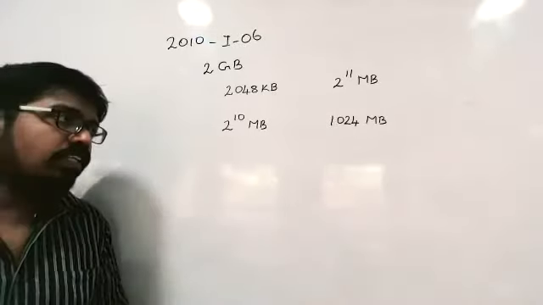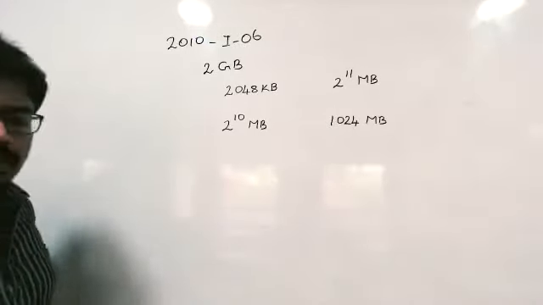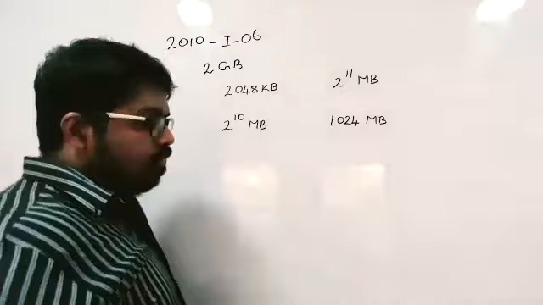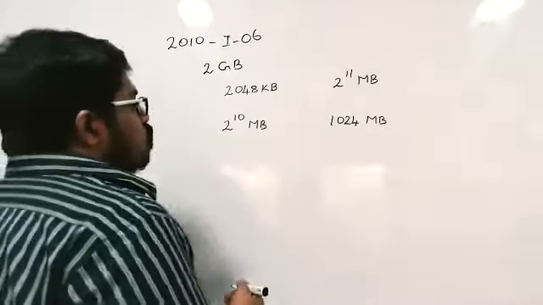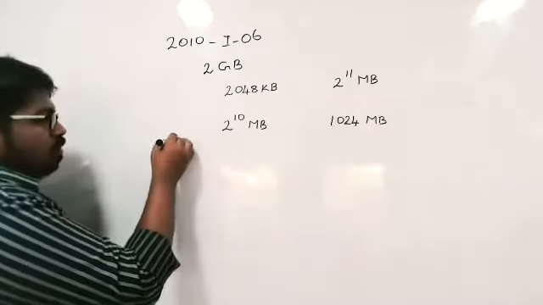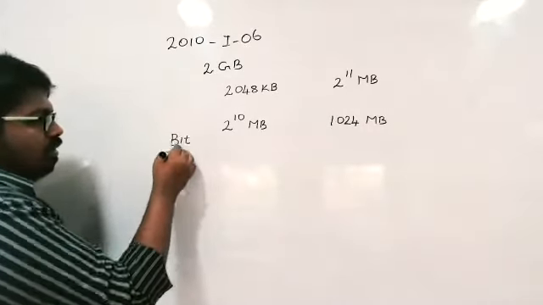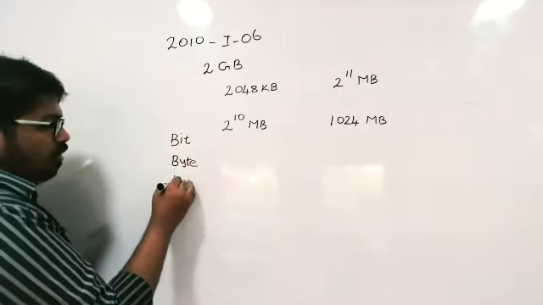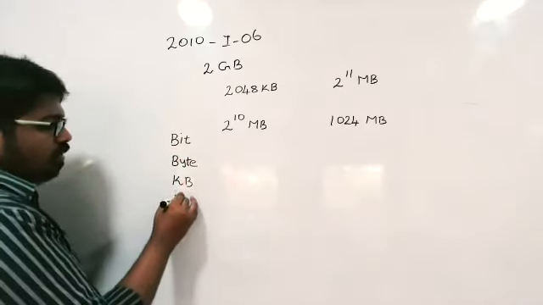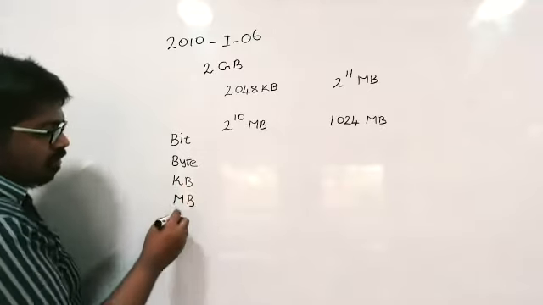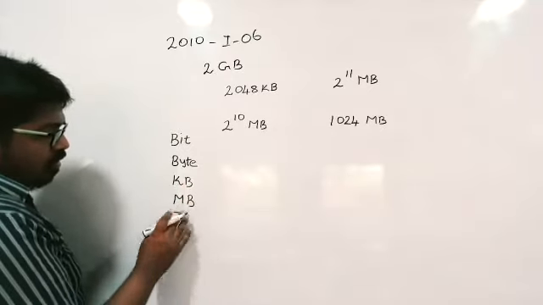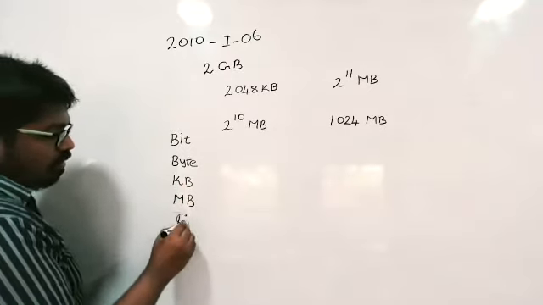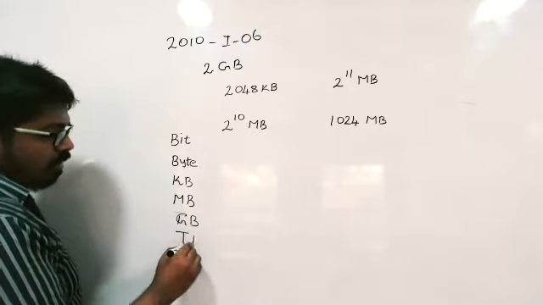In our class, we discussed that we have to memorize the order first from bit to terabyte, right? So bit, byte, kilobyte, megabyte, gigabyte, and terabyte.